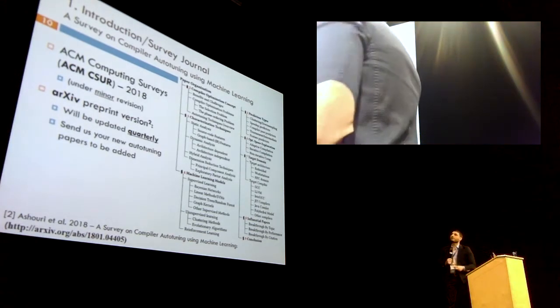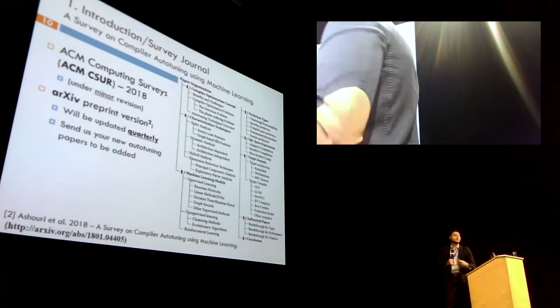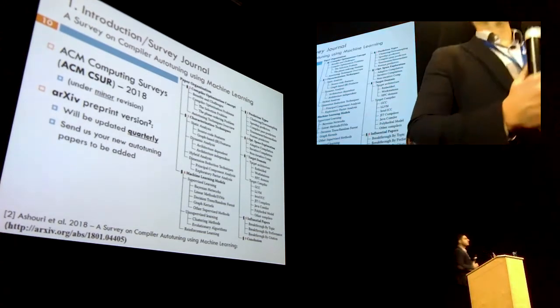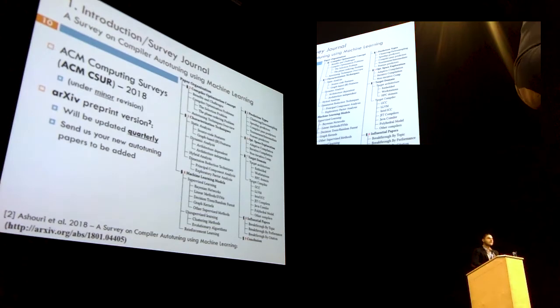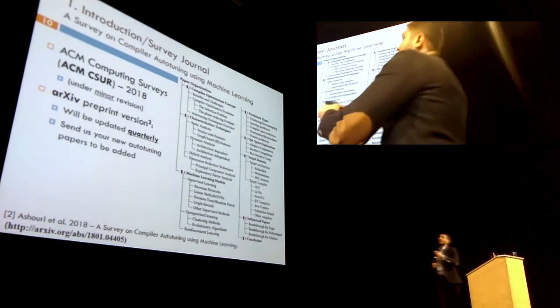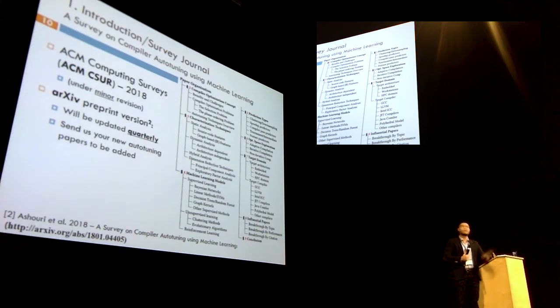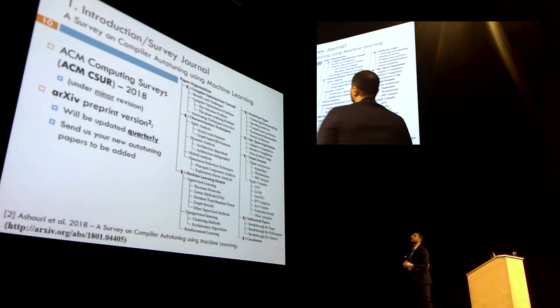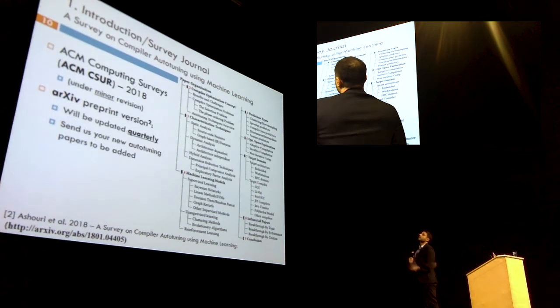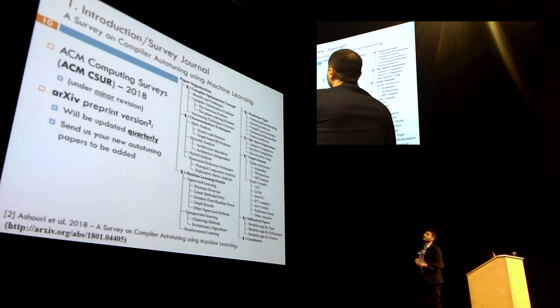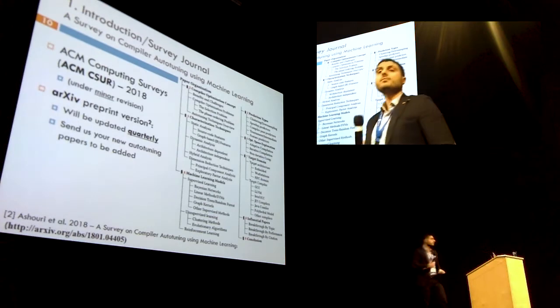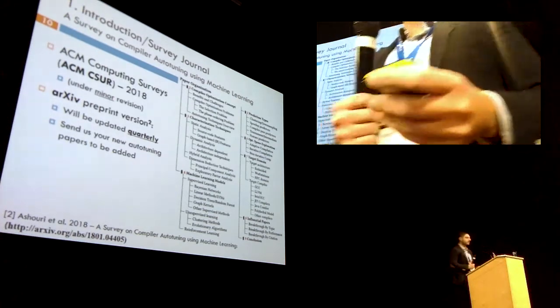I've already put a fork on arXiv, and I'm planning to update that quarterly. If any papers come out that I wasn't aware of, please send them to me. I'll be happy to add them. We plan to have the current version on arXiv so that it stays updated. We have classified and clustered the research by different compiler concepts, characterization techniques, machine learning models, and prediction time.